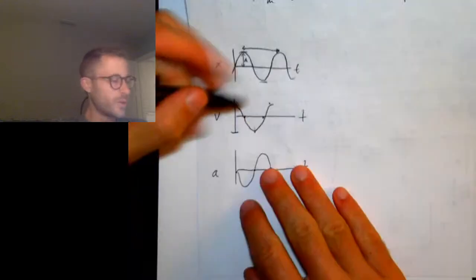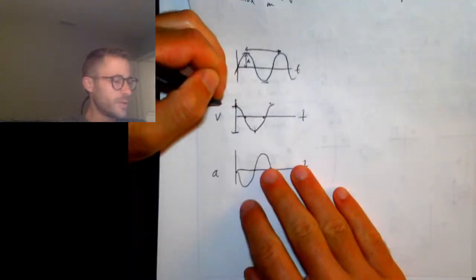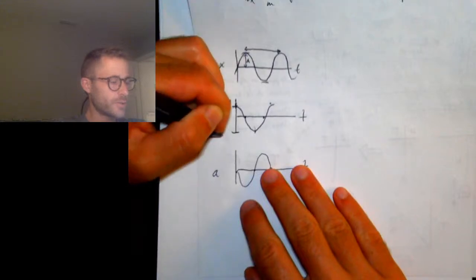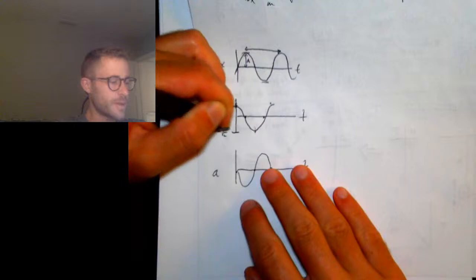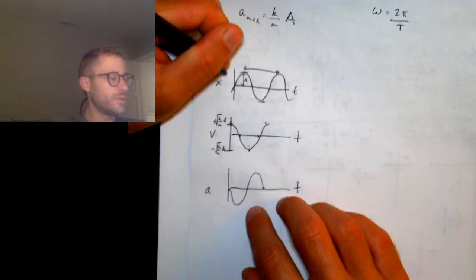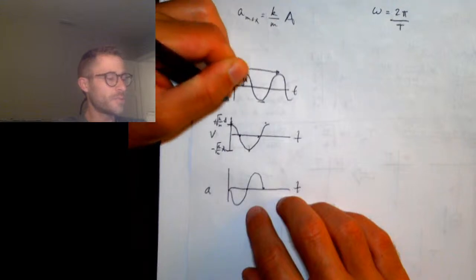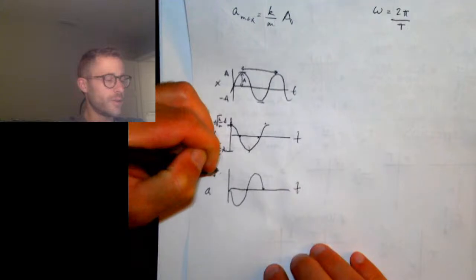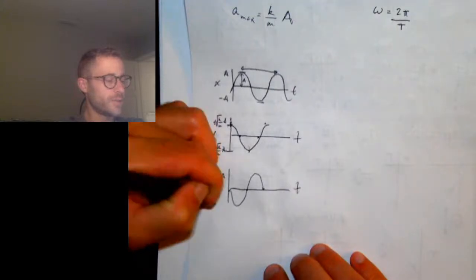So this is going to wiggle between plus square root of k over m times A and minus square root of k over m times A. The position obviously is going to wiggle between plus A and minus A. And the acceleration is going to wiggle between plus k over m times A and minus k over m times A.